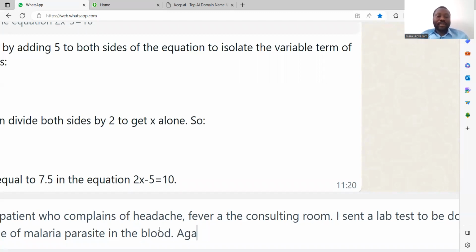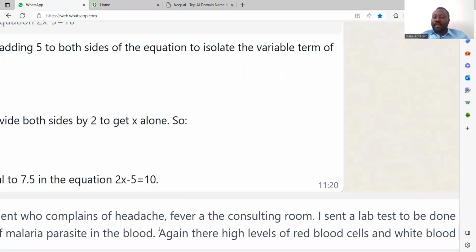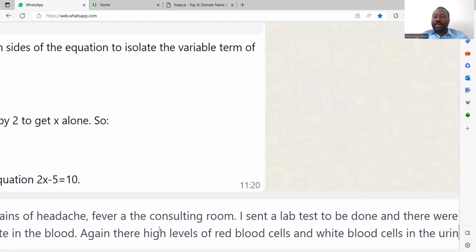Again, there were high levels of red blood cells and white blood cells in the urine.